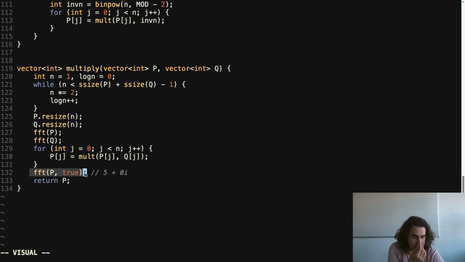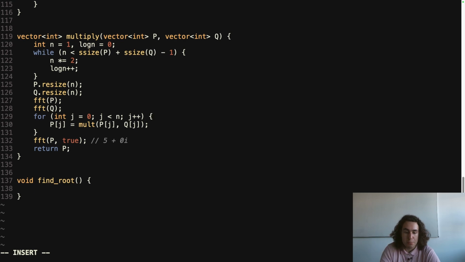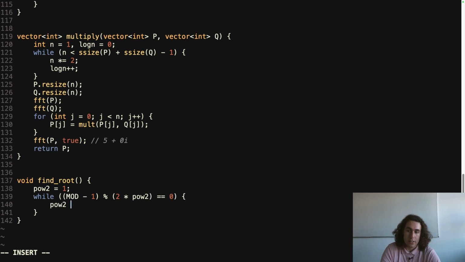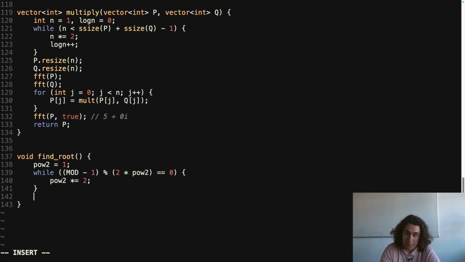Great. I guess the last part that I didn't talk about is finding the root, right? Let's find the root. So void find root. We first find the largest power of 2 that goes into our modulo minus 1: while modulo minus 1 is divisible by the next power of 2, I multiply by 2.